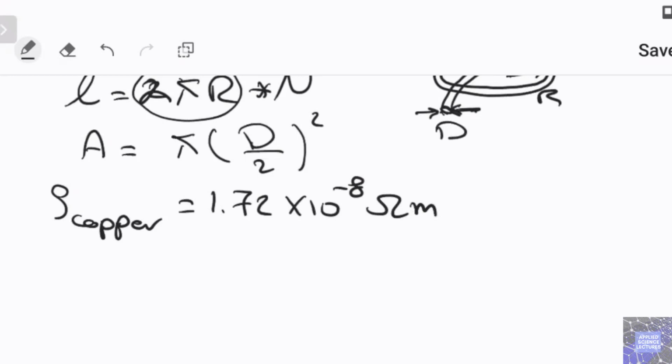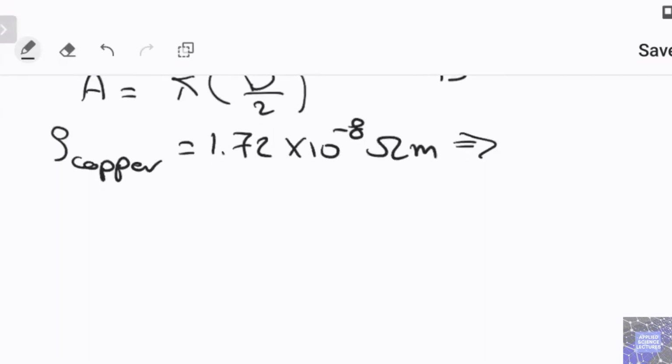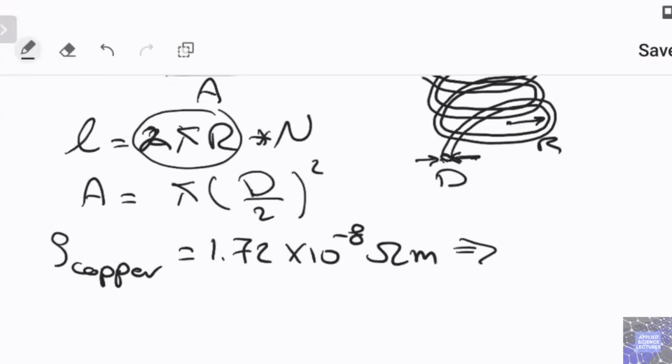So now if I put everything together, the diameter is given to me, the radius is given to me, the number of turns is given to me.